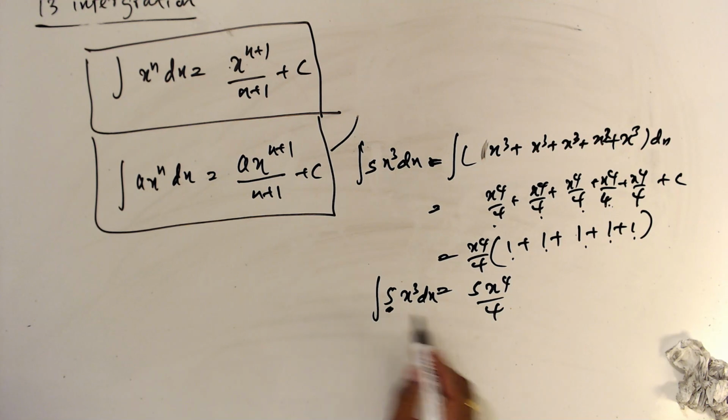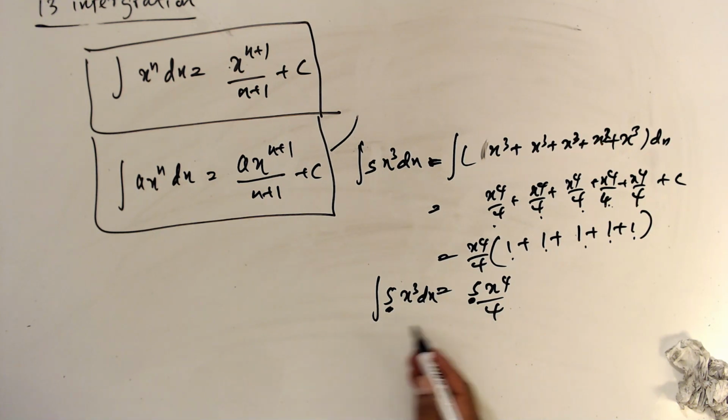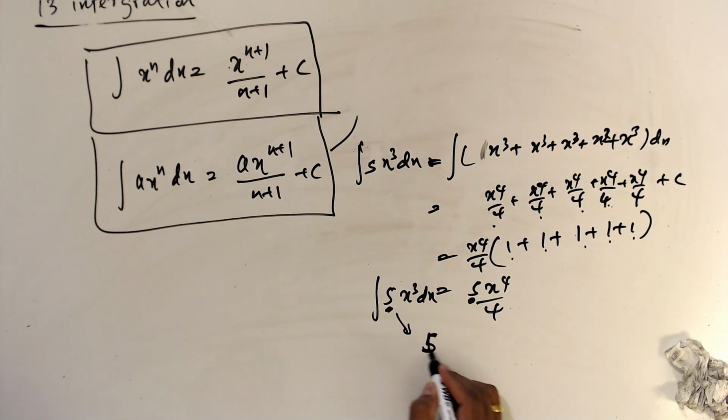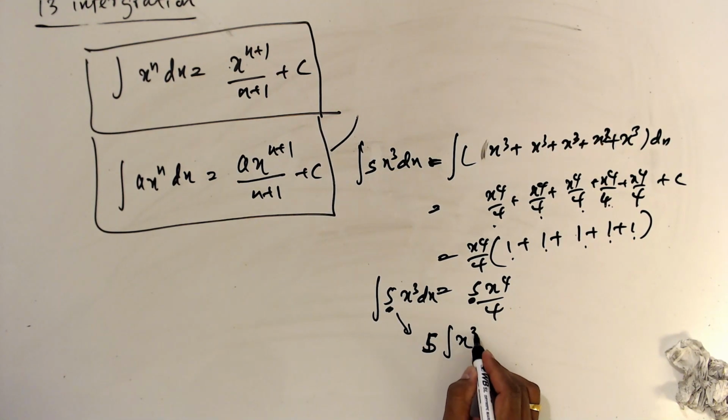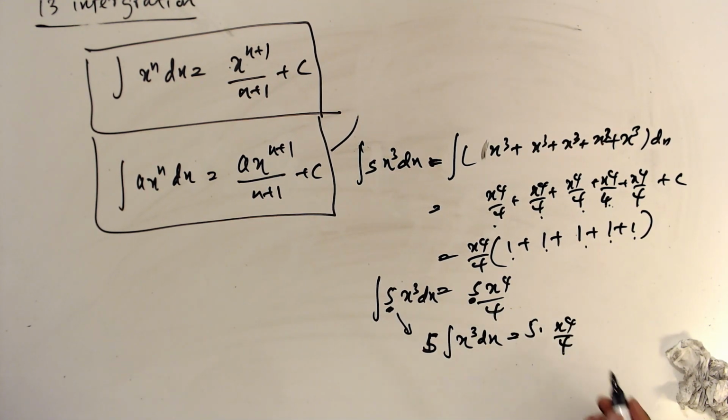This 5 is still here and stays the same. When you are asked to do this, you take 5 out, then x cubed dx. It means 5 times x^4 over 4, which is this one.